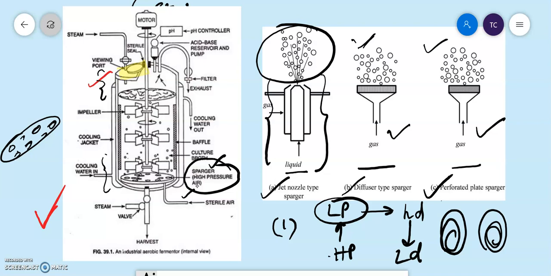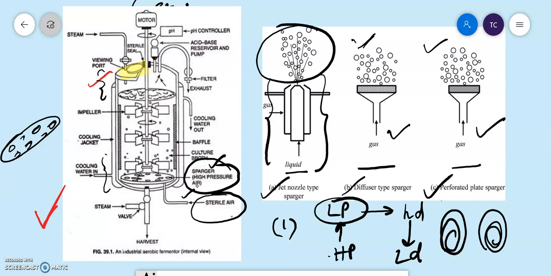That is why we have different designs of Sparger. One is a nozzle-based Sparger, another is a diffuser type which will diffuse the air, another is a perforated plate. In the base plate, you will have multiple perforations through which the air enters. And moreover, the air which enters has to be sterile air.